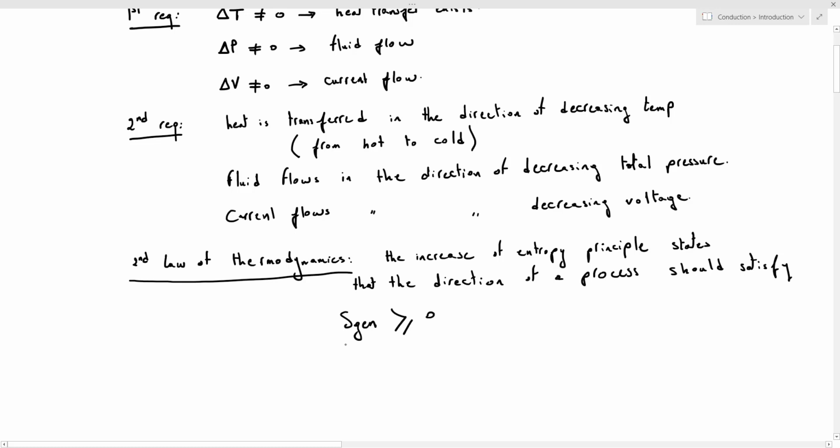Meaning that entropy is always generated and cannot be destroyed.